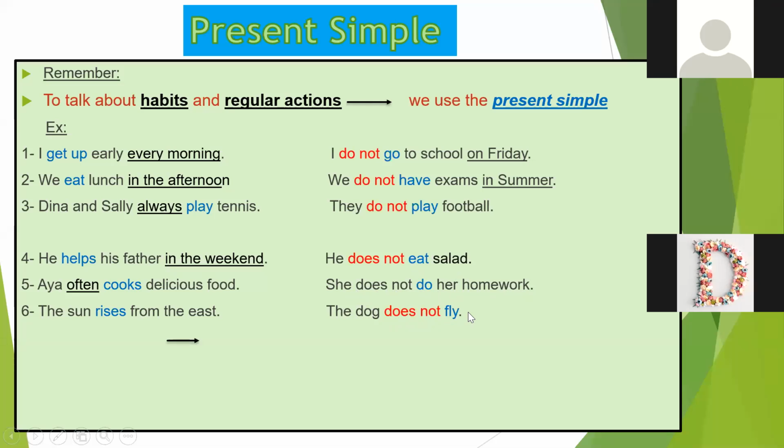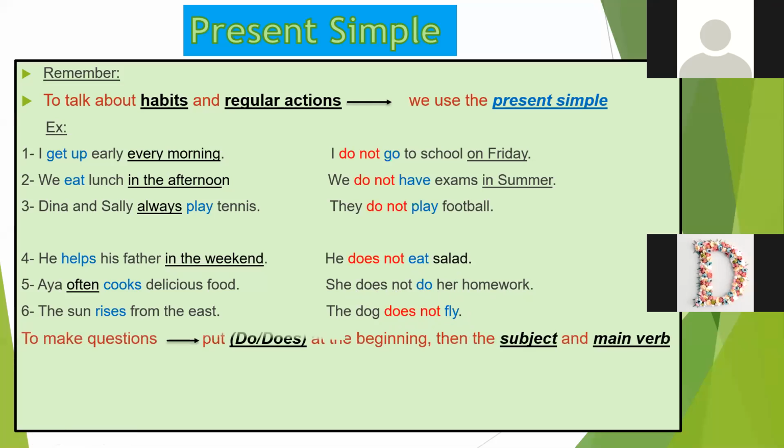Okay, so let's see next. If I want to make a question, I will put do or does at the beginning, then the subject and the main verb. Let's see the example here. If I have, for example, he as the subject, I will put does at the beginning of the question, and then he, and then the main verb, which is like.